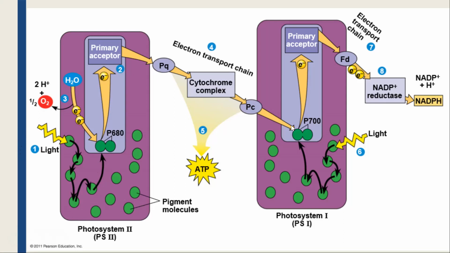They're going to go down an electron transport chain to generate ATP. Water is split, so the electrons can be replaced. And then in photosystem 1, light hits those pigments, gets that electron excited, so it can go down another electron transport chain where NADPH is made. So the light reactions are converting that light energy into the chemical energy of ATP and NADPH.